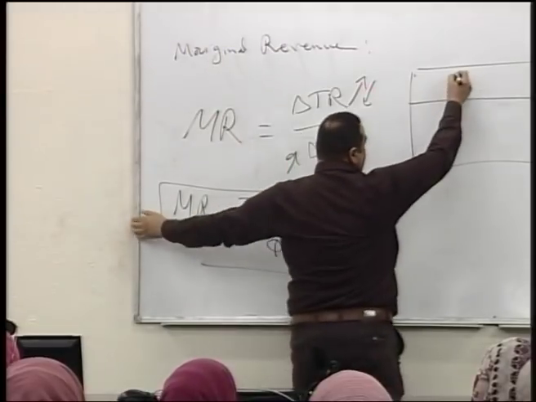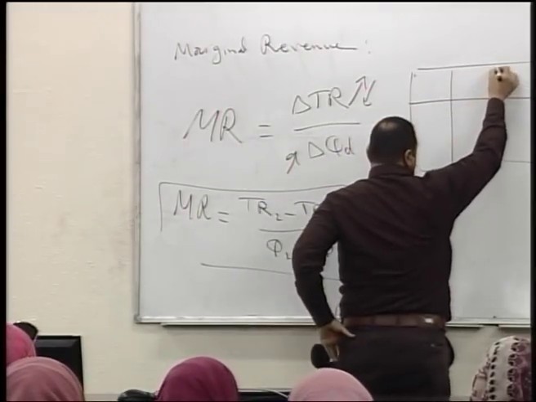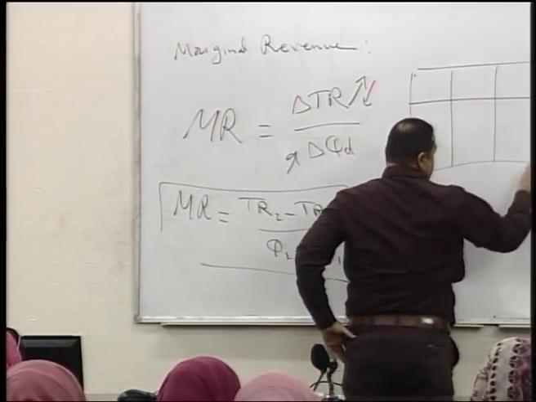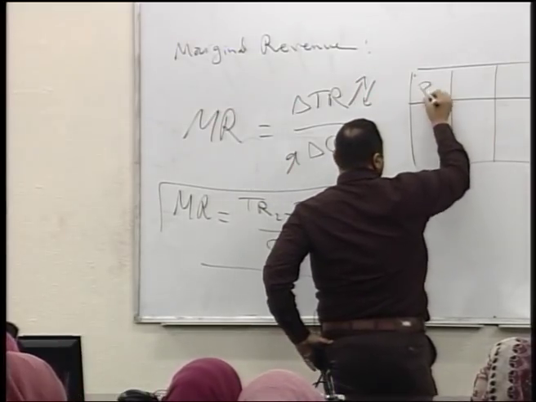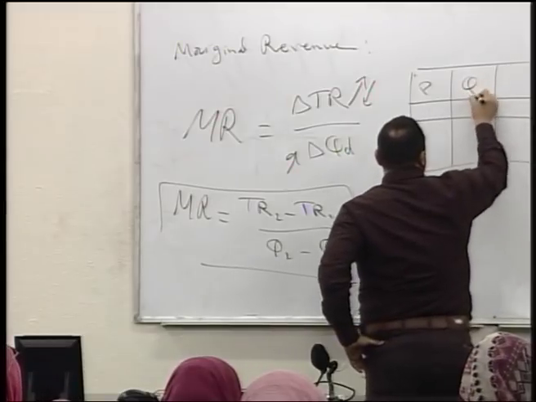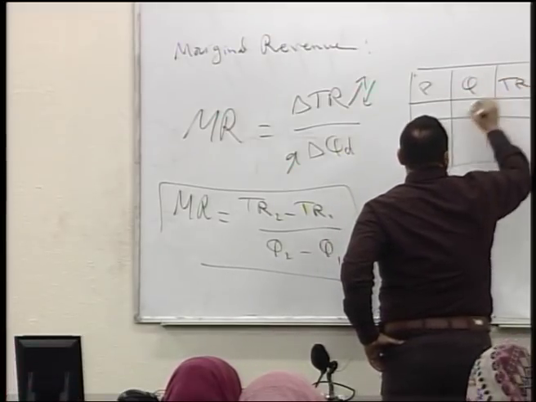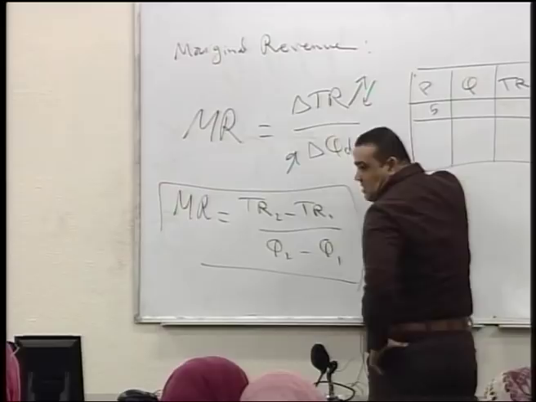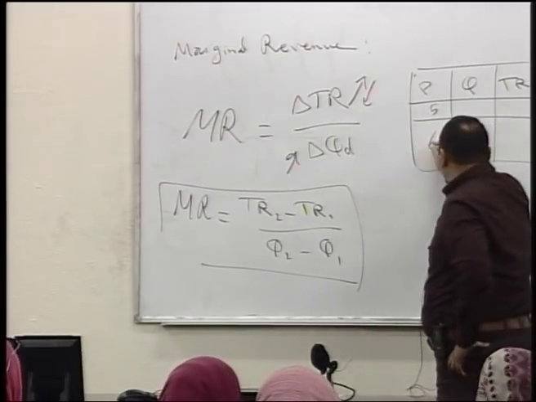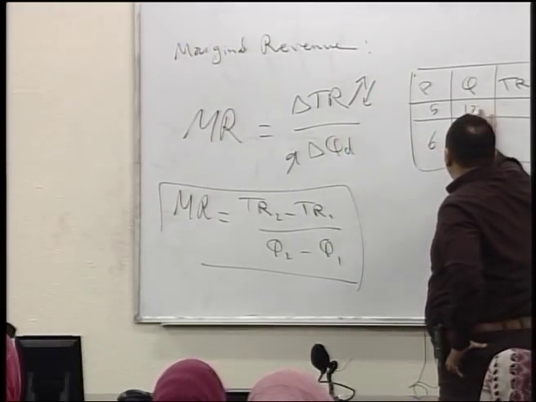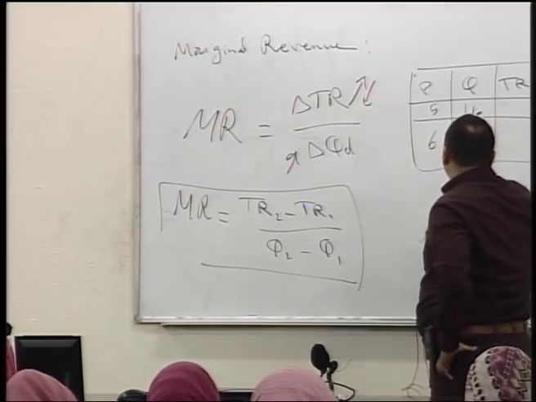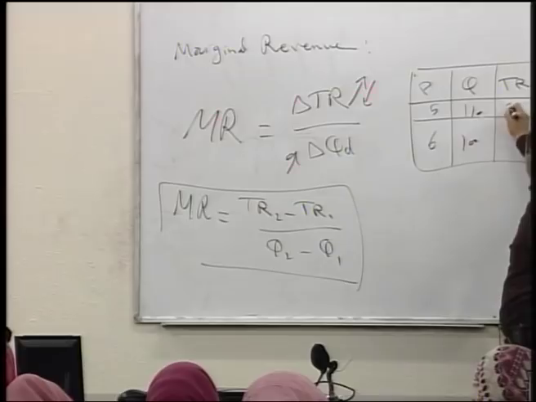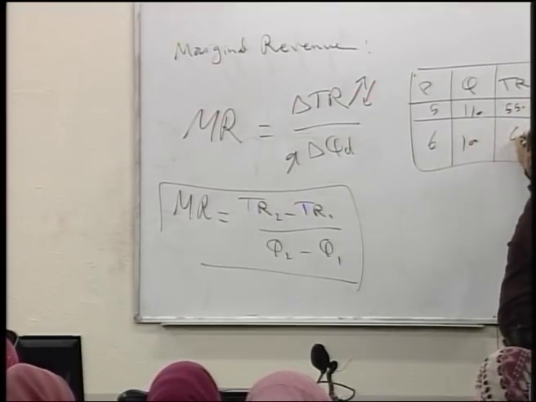In the last example here: price, quantity, total revenue, and let's calculate the marginal revenue. According to the assumption, the quantities are 110 and 100, total revenue 550, 600.